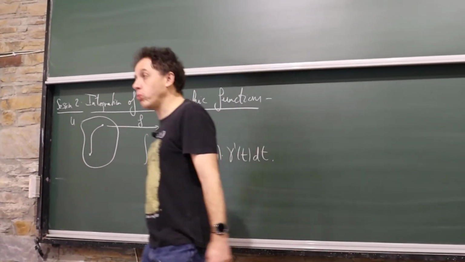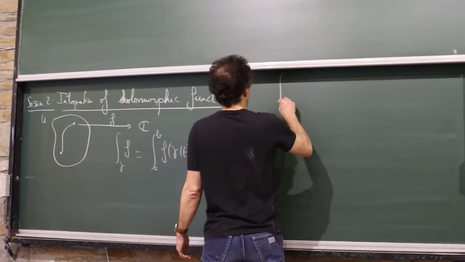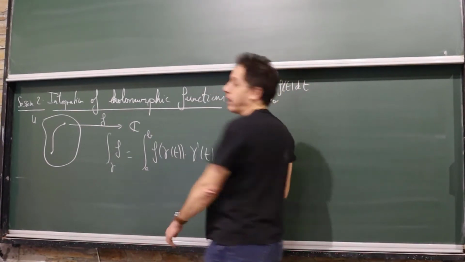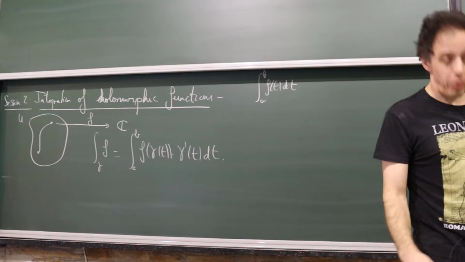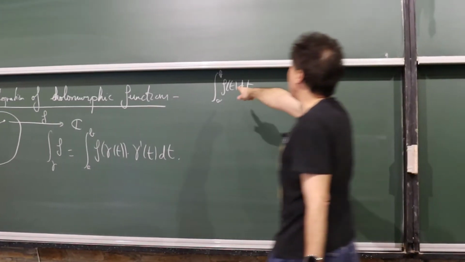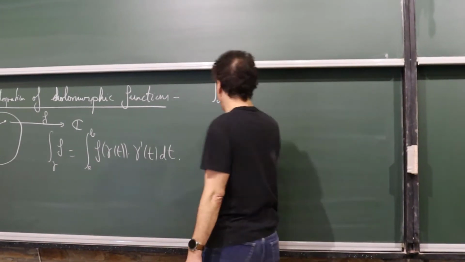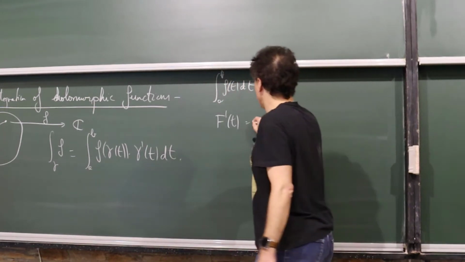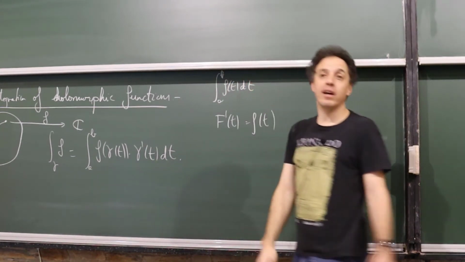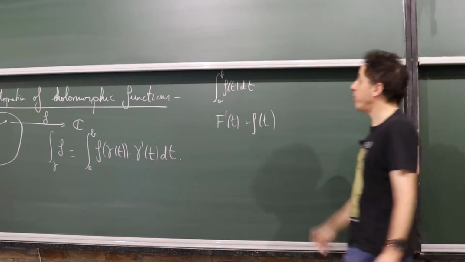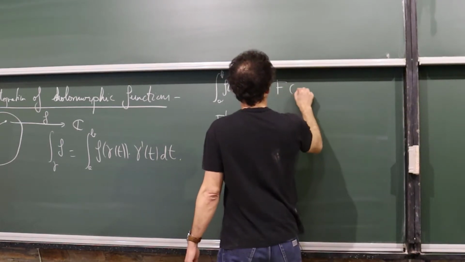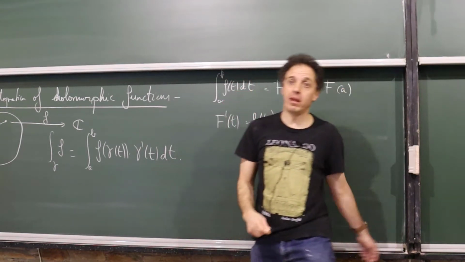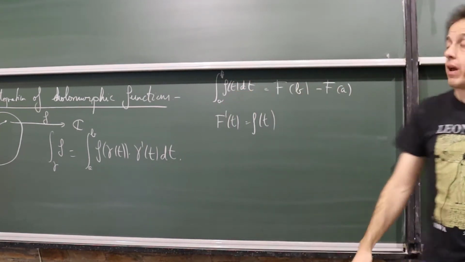In one variable, you know that you want to compute this integral and assume that f is a Riemann integrable function, and if you have a primitive of f, so a function big F such that the derivative is small f, so you know that the value of this integral is F of b minus F of a.